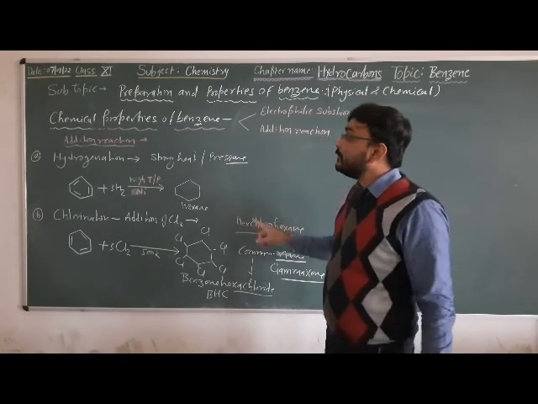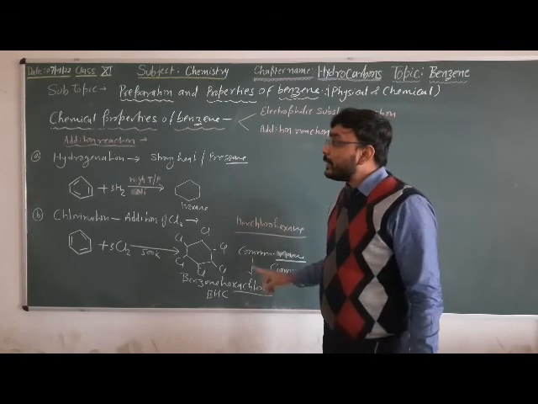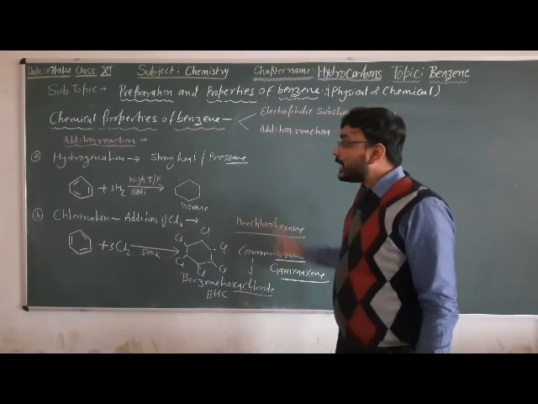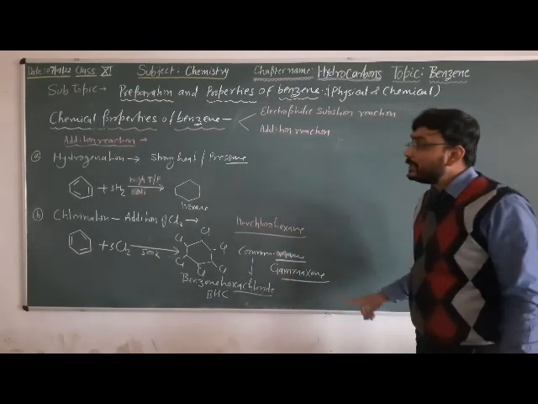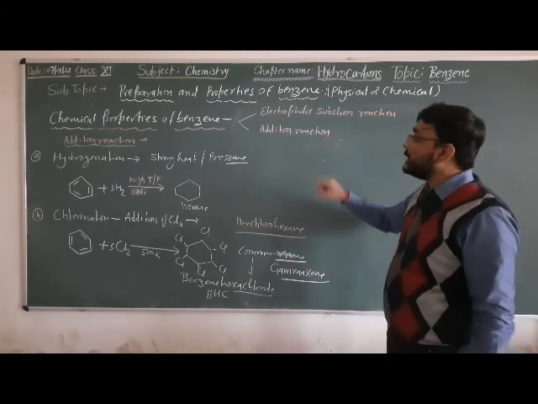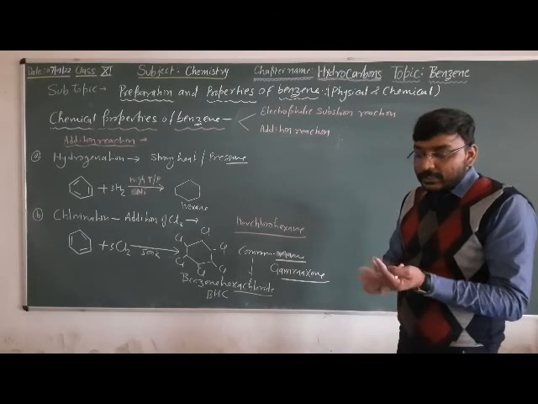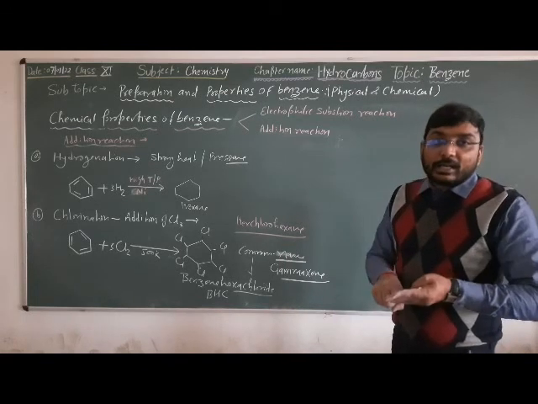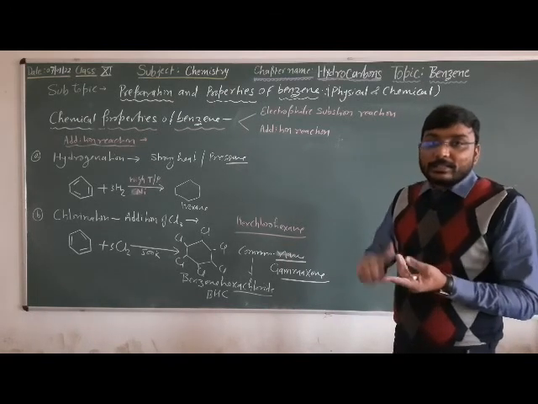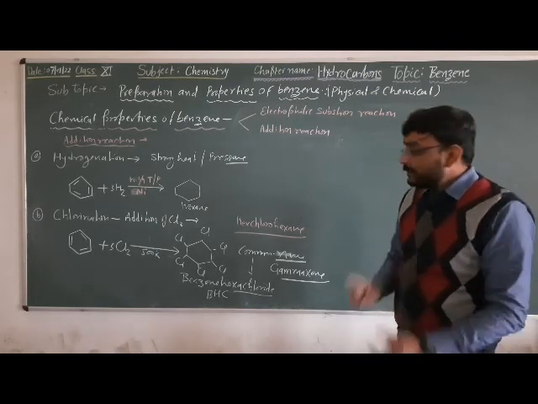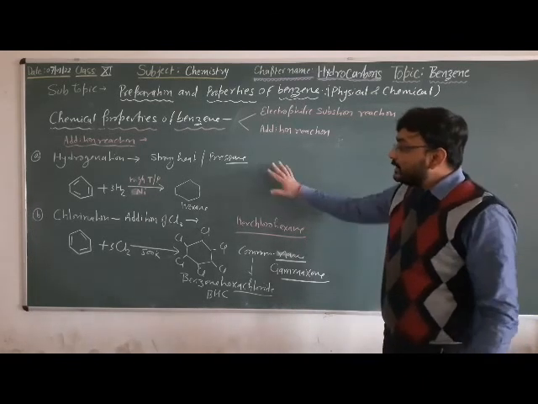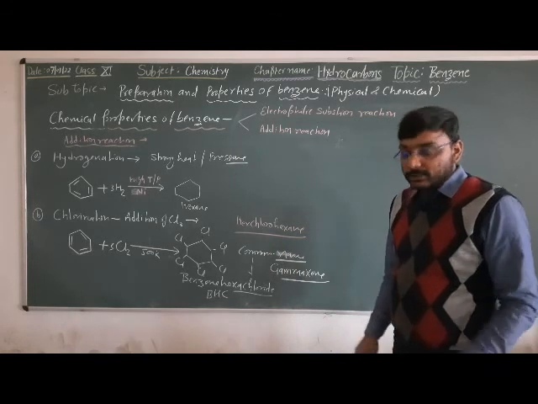Then properties, physical and chemical. In chemical properties, we have seen electrophilic substitution and some addition reactions. In electrophilic substitution reaction: nitration, sulfonation, alkylation, acylation, and halogenation. There are 5, and 2 are addition reactions.